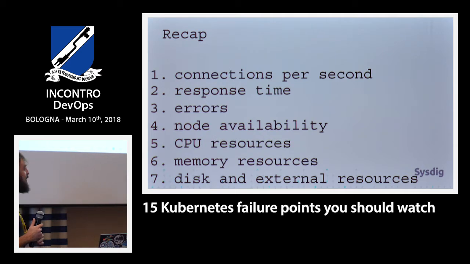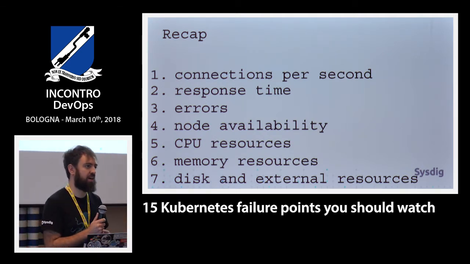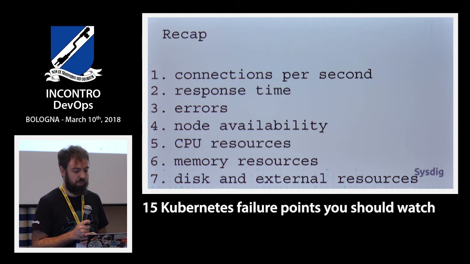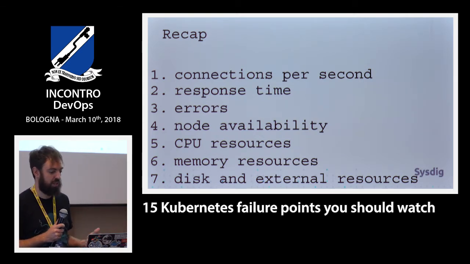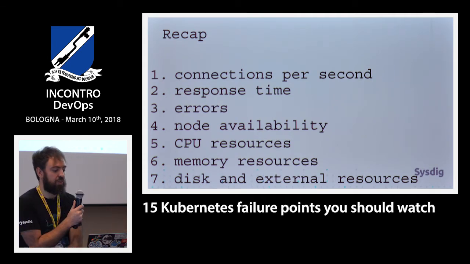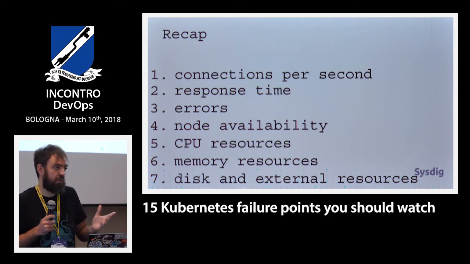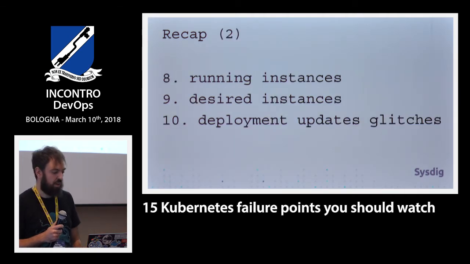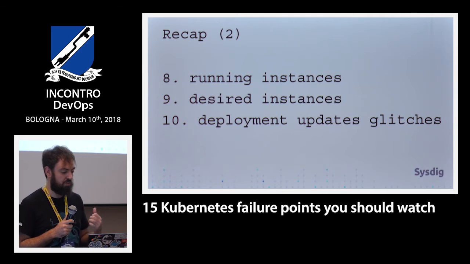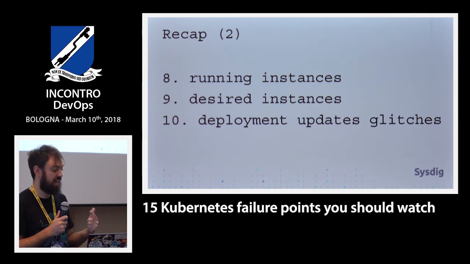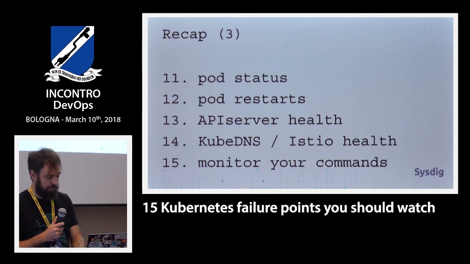So a little recap. My 15 favorite failure points inside Kubernetes: the applications, and we need to look at connections, response time, errors. My resources, so node availability, CPU, memory, disk, and other cloud external resources. How Kubernetes is deploying my containers, the orchestration layer, so the number of running instances against the desired number of instances, and update glitches.